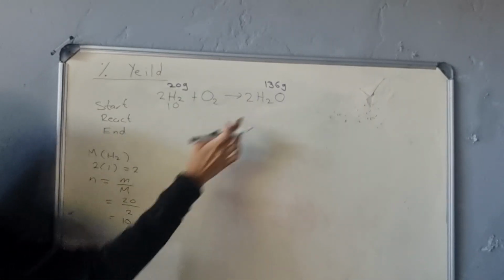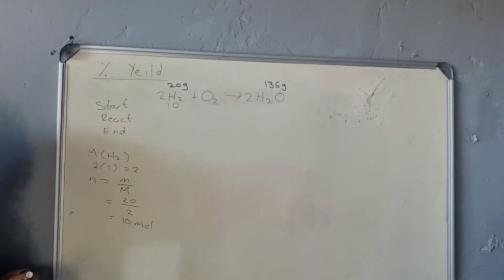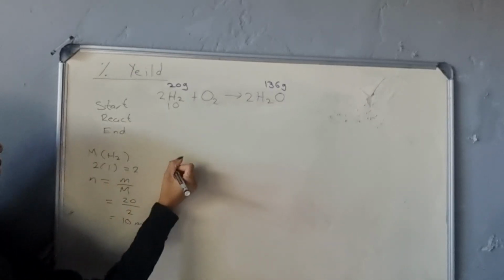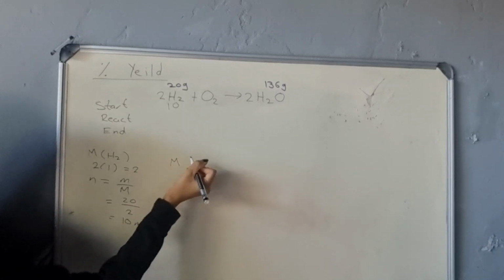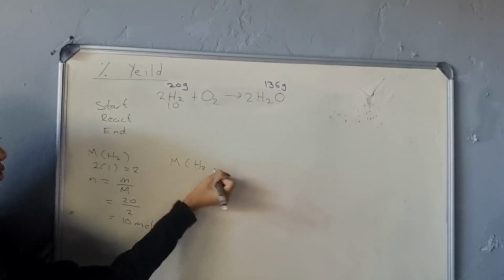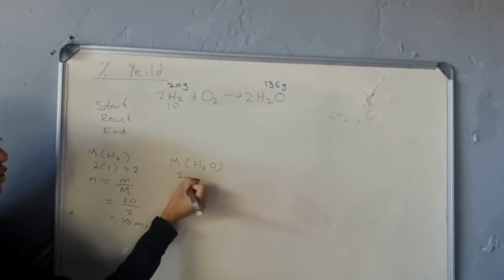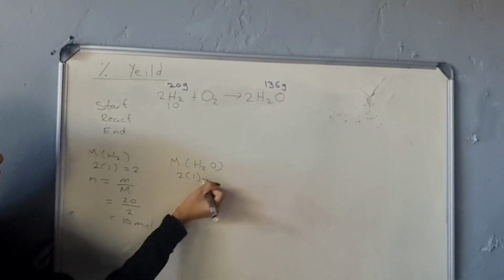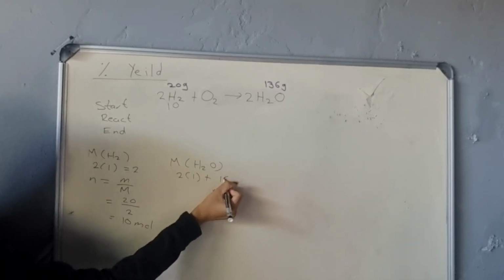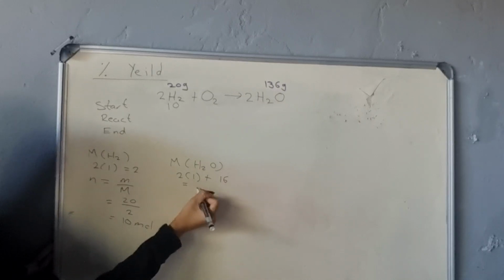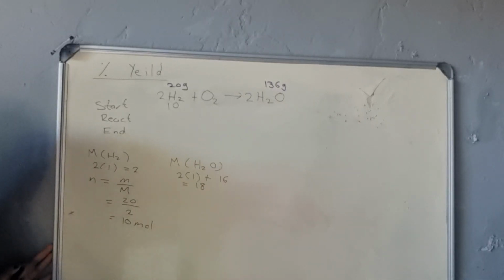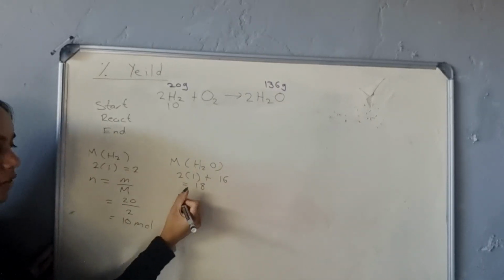Then we can easily find the number of moles of H2O gas. We'll first find the molar mass of H2O, and that would be 2 times the mass of hydrogen, which is 1, plus the mass of oxygen, which is 16, and this gives us 18. Now that we have the molar mass, you can find the number of moles.